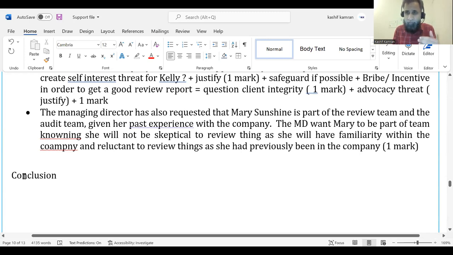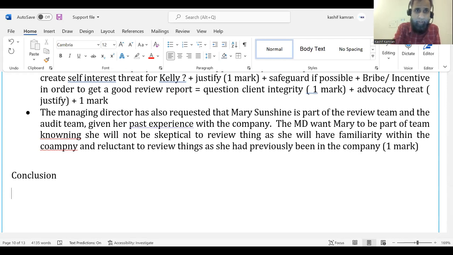So conclusion: should we accept Flynn as a client and offer them the service to review business plans? So you're giving a conclusion, a diplomatic one. See how.